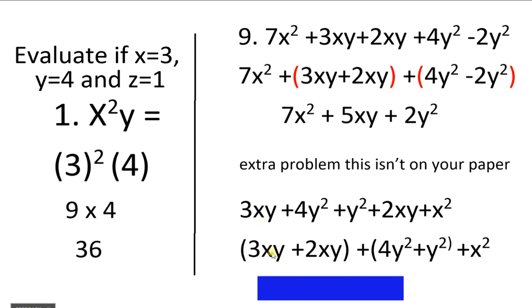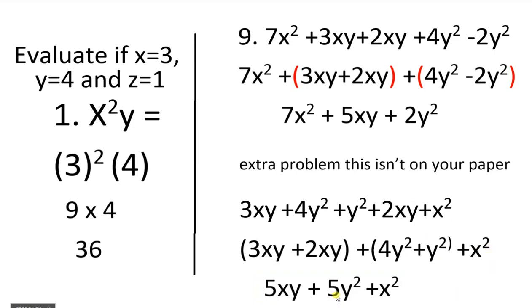Here I just took the 3xy and the 2xy and grouped them together, and then the 4y squared and the y squared, and then I had the x squared left over. So this is what the answer would look like: 5xy plus 5y squared plus x squared.